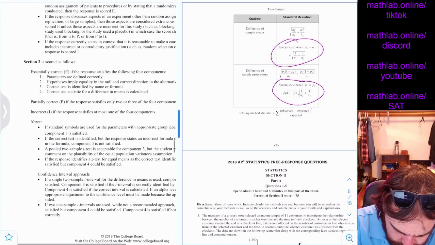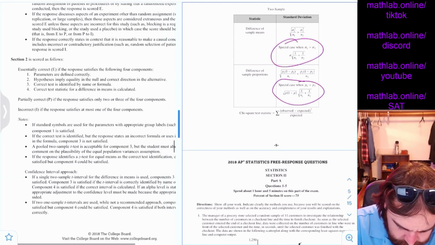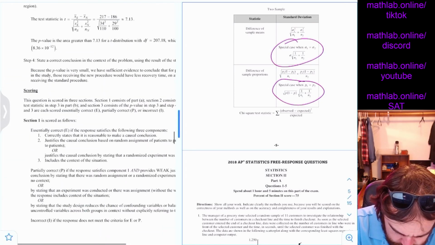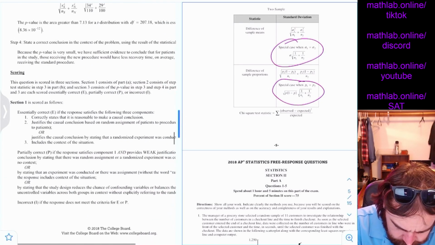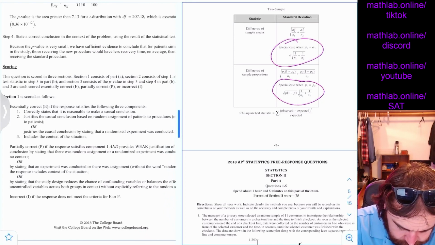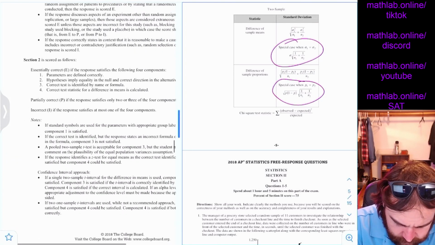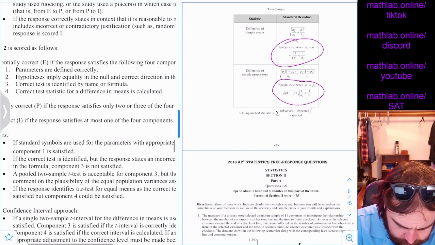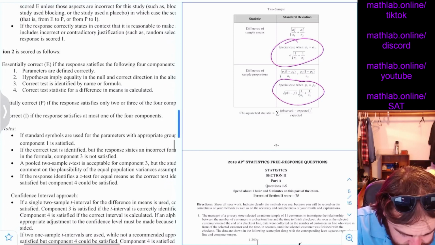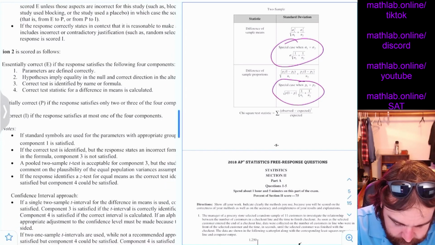I mean, so what did I actually score? Section 1 correctly states that it's reasonable to make a causal conclusion, and justifies the causal conclusion based on a random assignment of patients. Yeah, and I included context. Wow, that was even something I had to do. Very nice. Okay, parameters are defined correctly. I did. Hypothesis, I did. Correct test is identified. I identified that correctly.